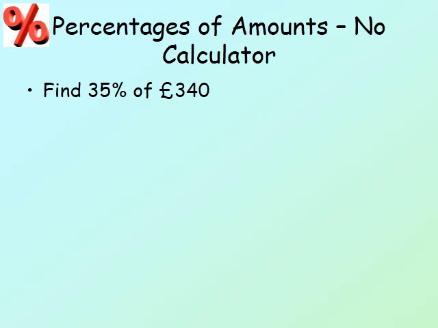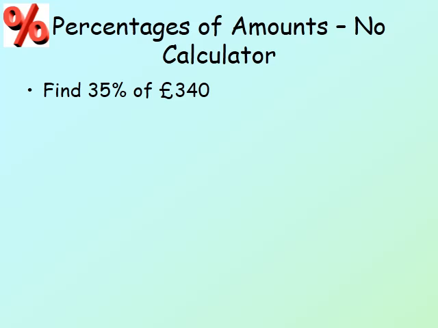Okay, another example. Find 35% of 340. You just have to think a little bit how you are going to do it, and you can do 10% as always, and sometimes it might be useful to do 1%, which means moving the decimal place 2 places.